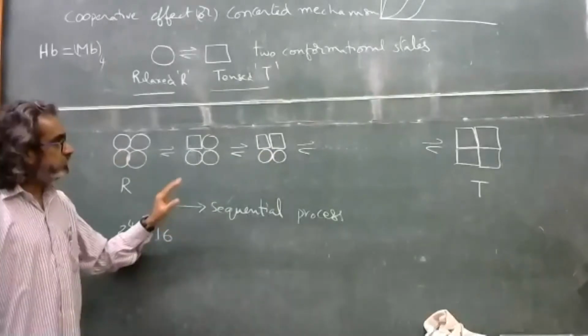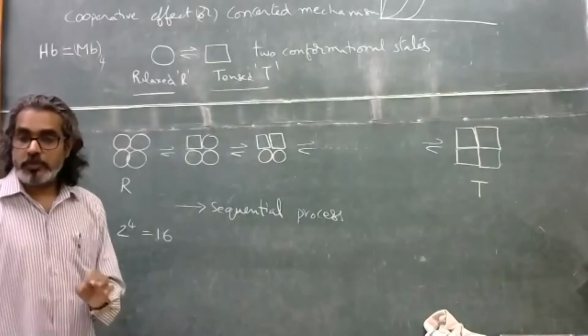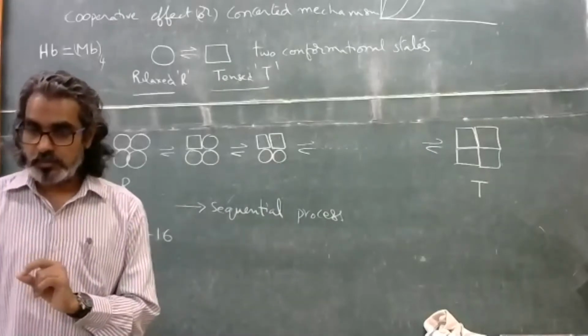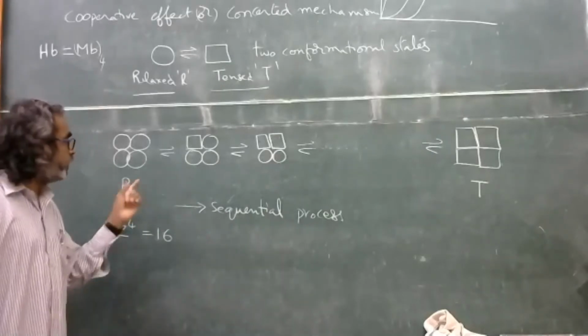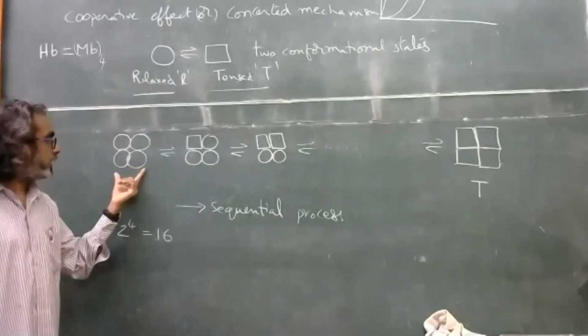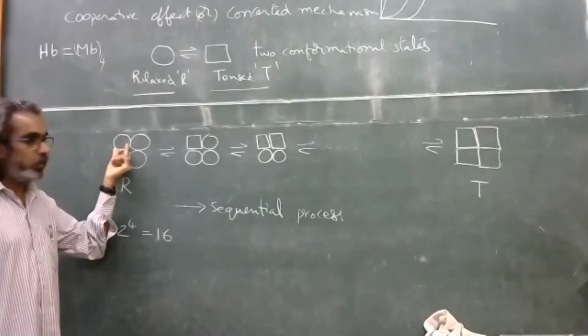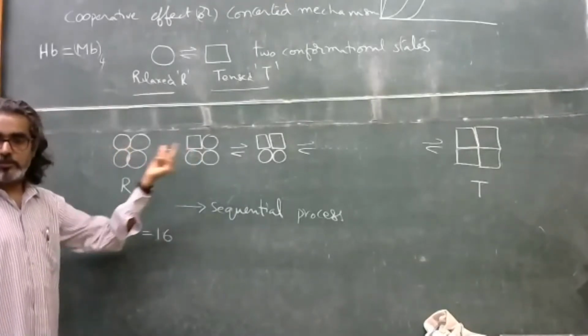So this is one case, and this is independent of ligand binding. We are talking about a molecule existing in a multimeric state, where individual proteins can be in 2 conformations.